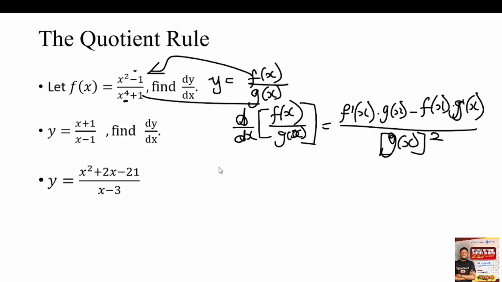In other words, suppose you have the function f of x on g of x.